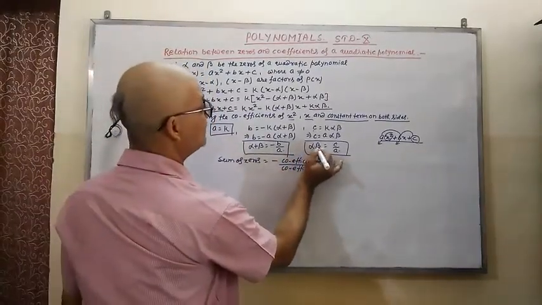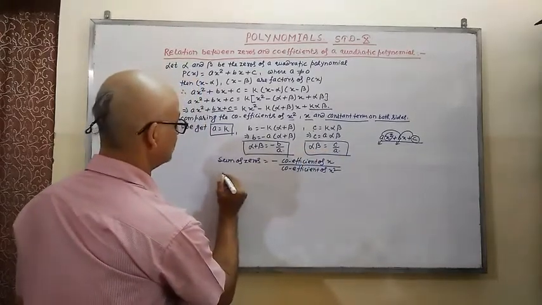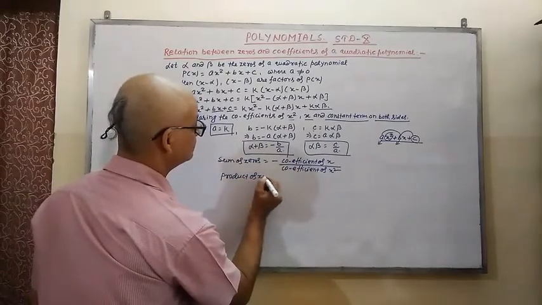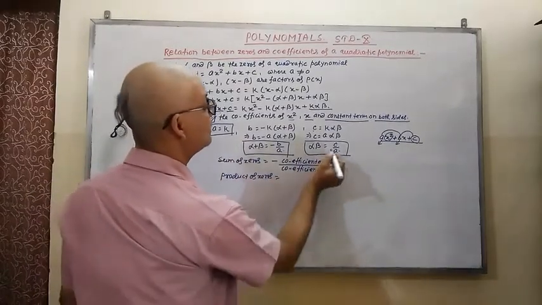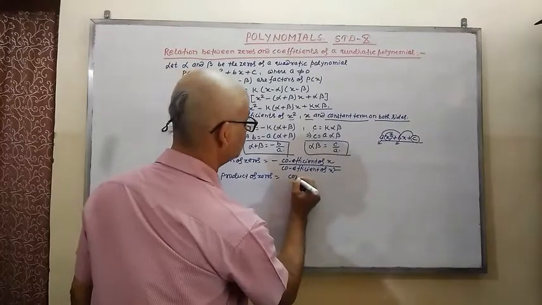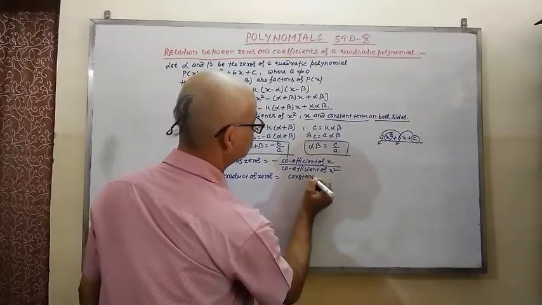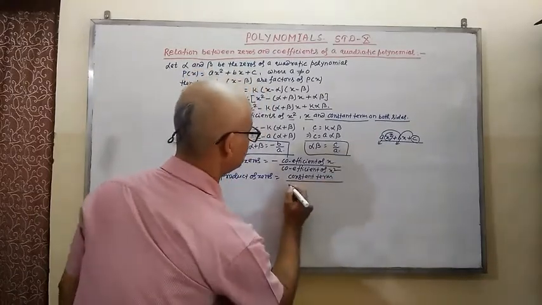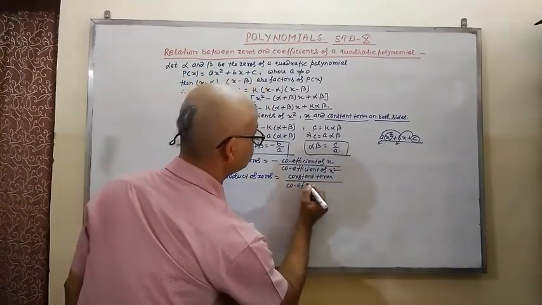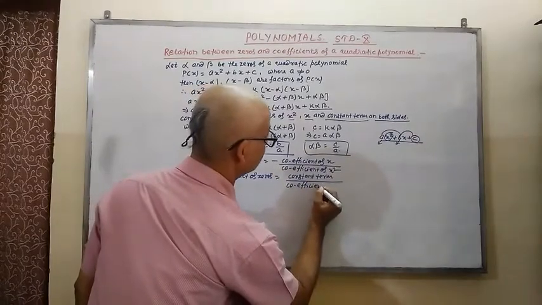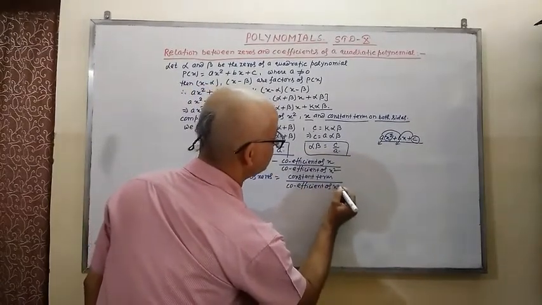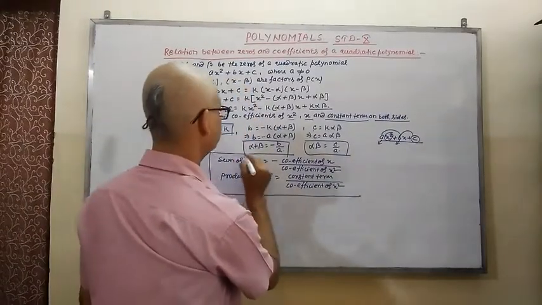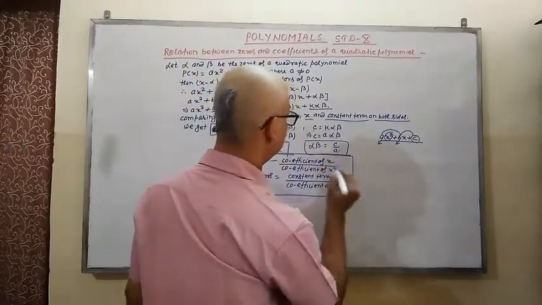Similarly, alpha into beta, that is product of zeros, is equal to C. C means constant term, whole divided by A, which means coefficient of x square. This is the relation between zeros and coefficient of any quadratic polynomial.